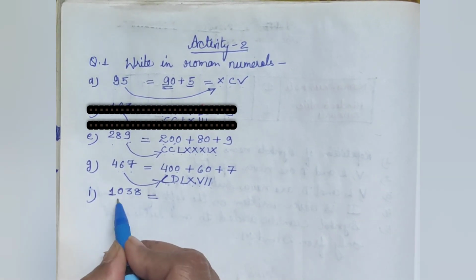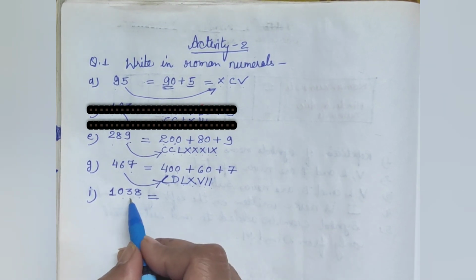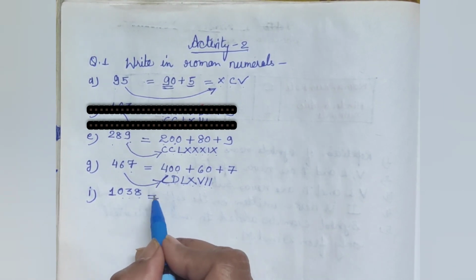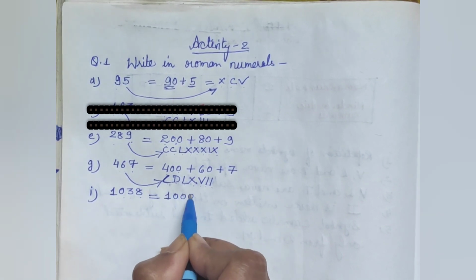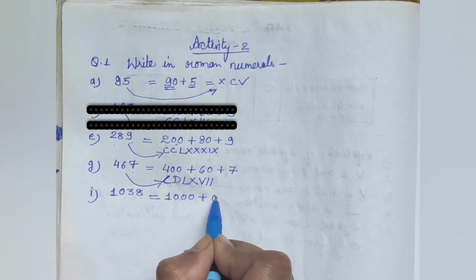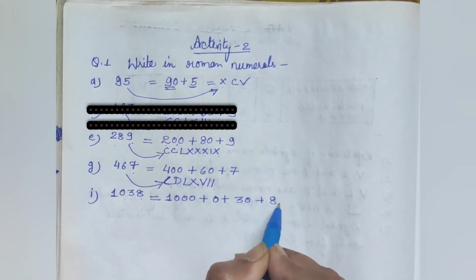In 1038, first we write the expanded form of this number: 1000 plus 0 plus 30 plus 8.